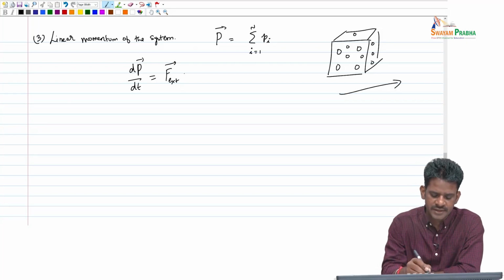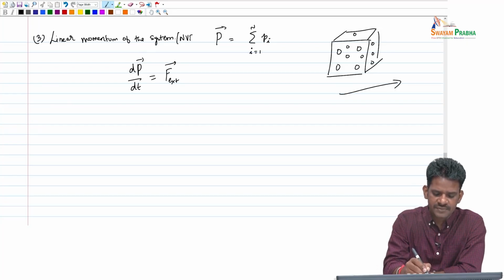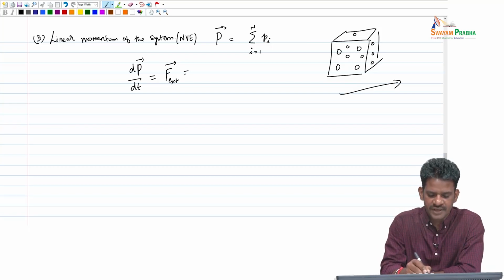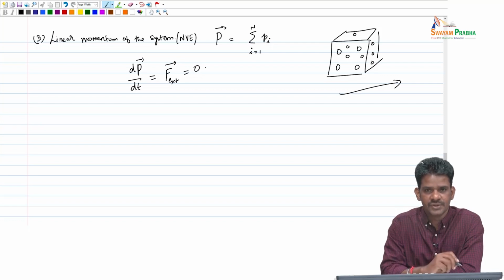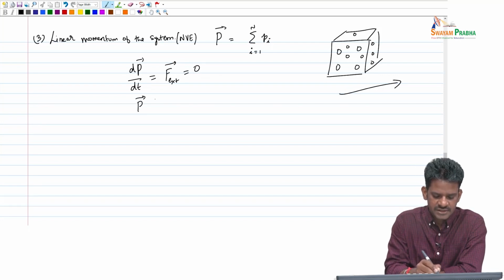But we know that for an NVE simulation or NVE system, this external force is 0. So the time derivative of the total linear momentum is equal to 0. This basically means this linear momentum should be equal to whatever is set at t equal to 0.